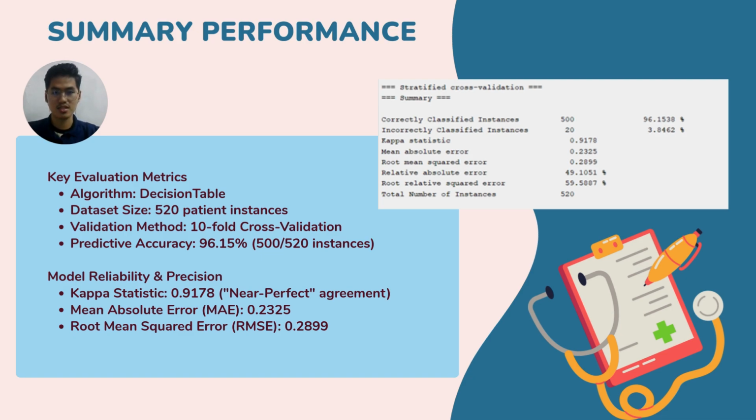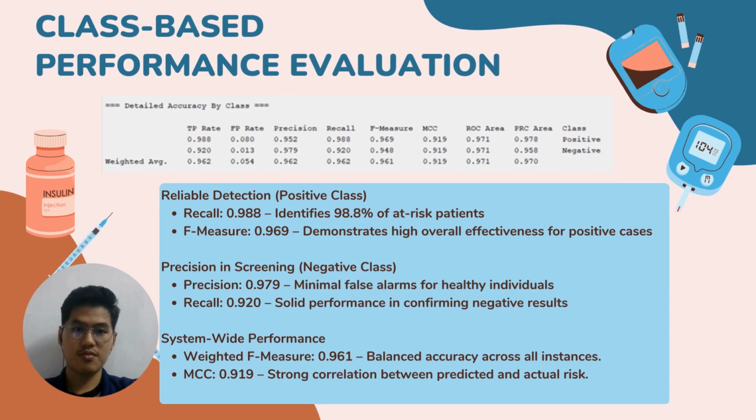The model shows a near perfect agreement with actual clinical diagnosis. Finally, our low error metric, specifically an MAE of 0.23, confirms that the system is not only accurate but highly precise in its probability.